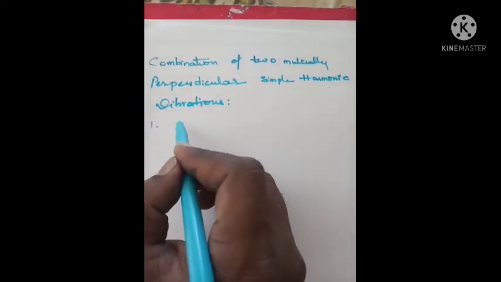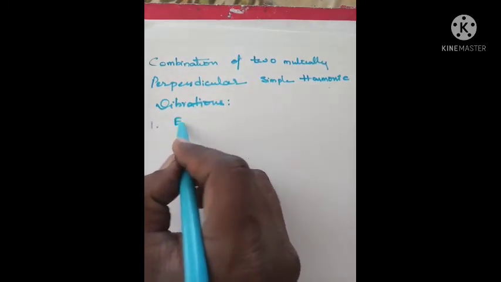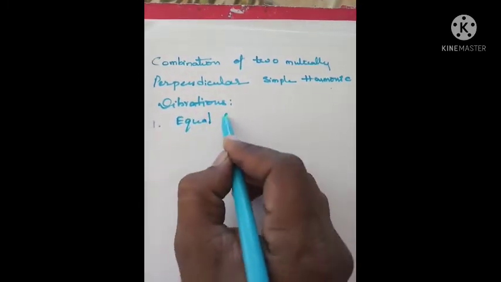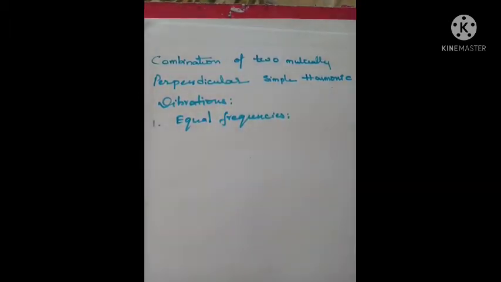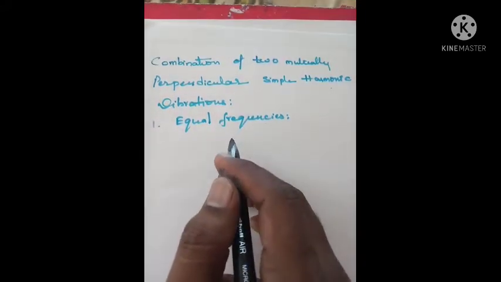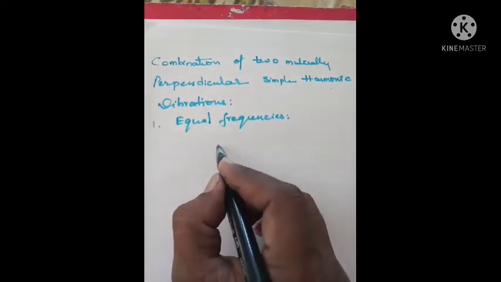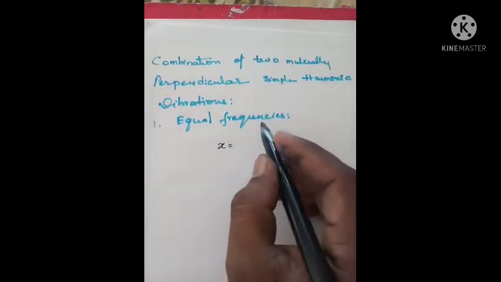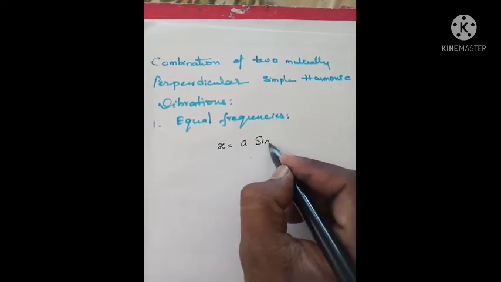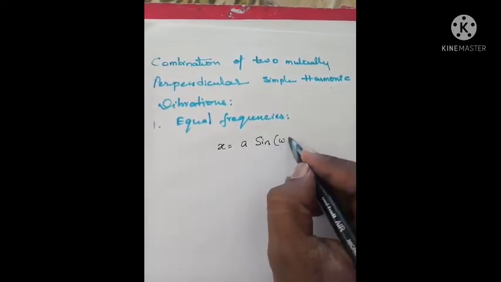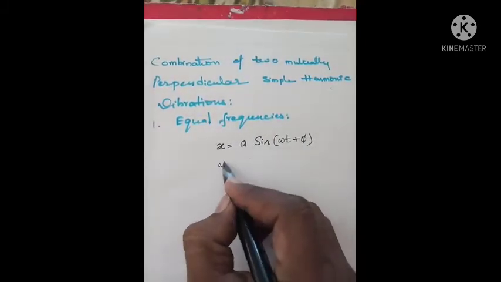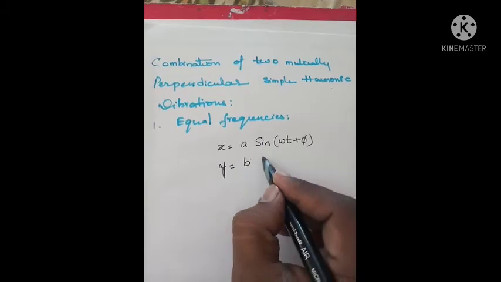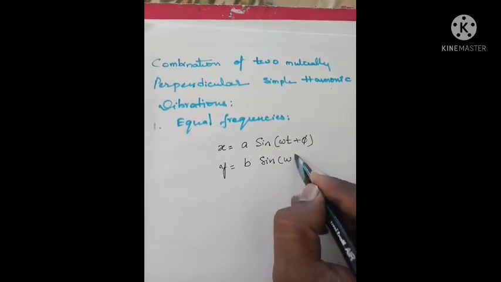If the two vibrations have equal frequencies, I am going to take two simple harmonic vibrations having the same frequency: x equal to a sine omega t plus pi, and again y equal to b sine omega t.